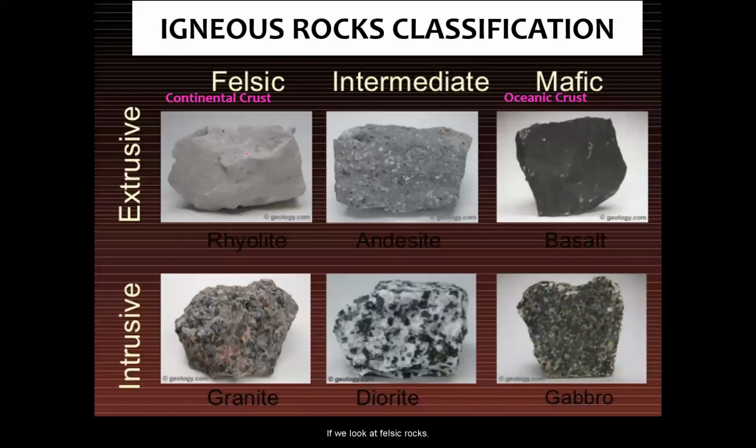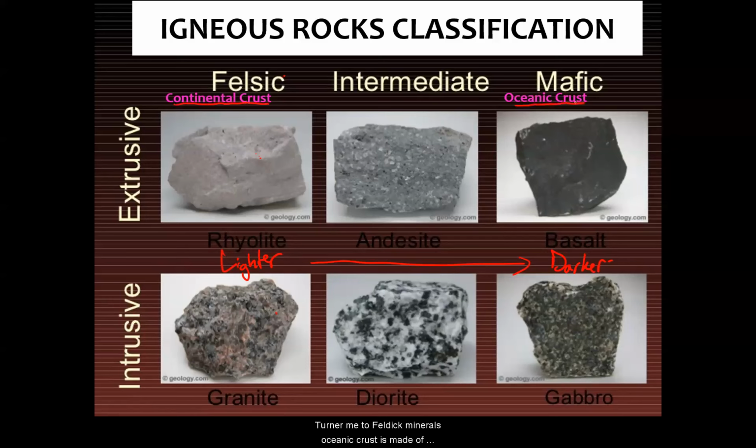So if we look at felsic rocks, which consist of mostly felsic minerals, like these, they tend to be lighter in color. And the mafic minerals tend to be darker in color. So the mafic minerals end up in these mafic rocks. Continental crust is made largely of felsic rocks, which in turn are made of felsic minerals.